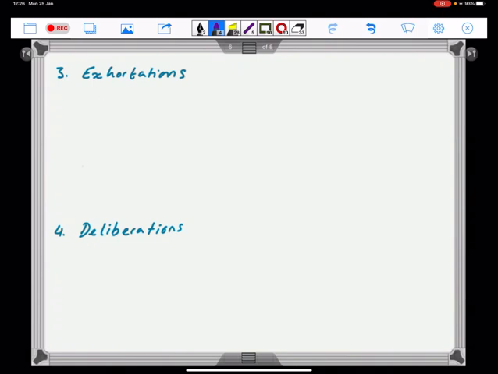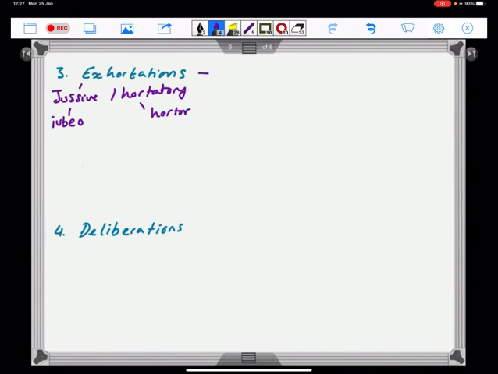Exhortations. Now, these come under the language jussive or hortatory, which come under 2 Latin terms, iubeo, meaning I order, or hortor, meaning I encourage.